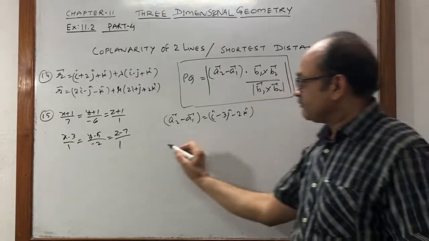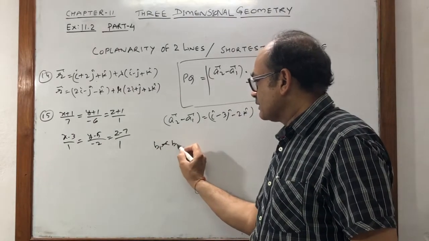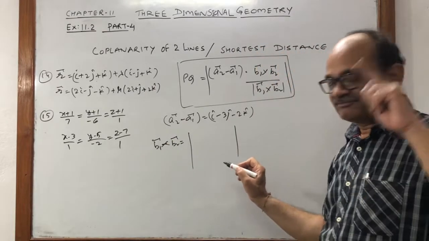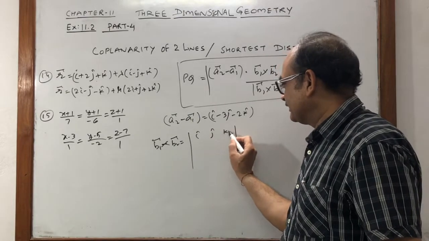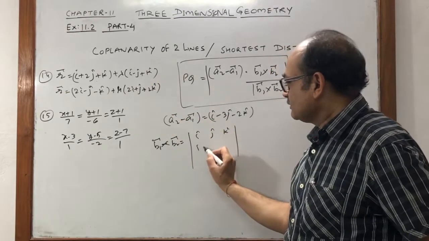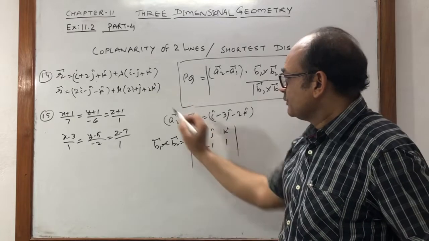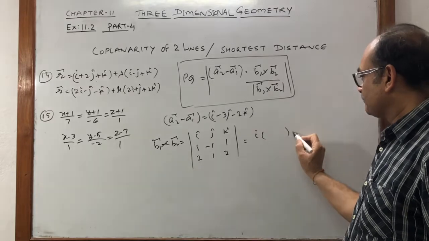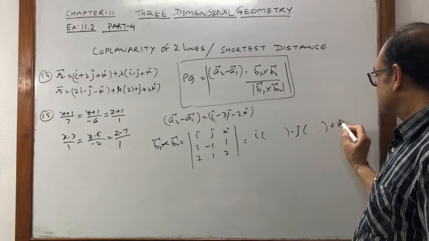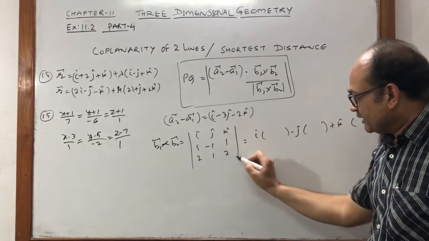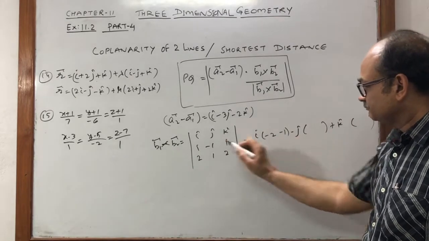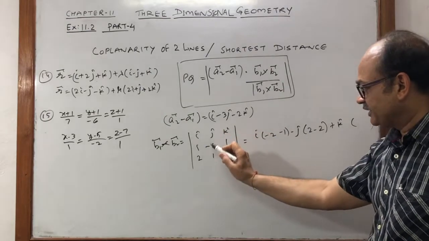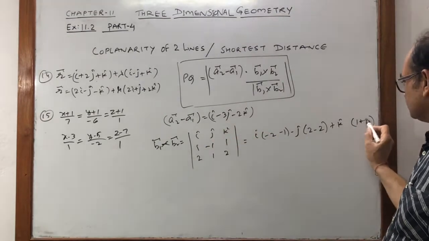So the second point is B1 cross B2. And B1 cross B2 is nothing but a revision of your chapter of vectors. i, j, k. B1 means 1, minus 1, 1, and B2 is 2, 1, 2. So the answer is i times (minus 2, minus 1) and so on.